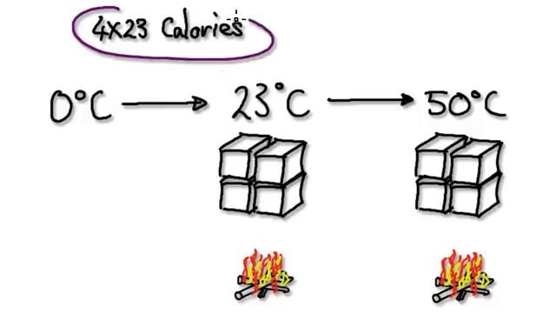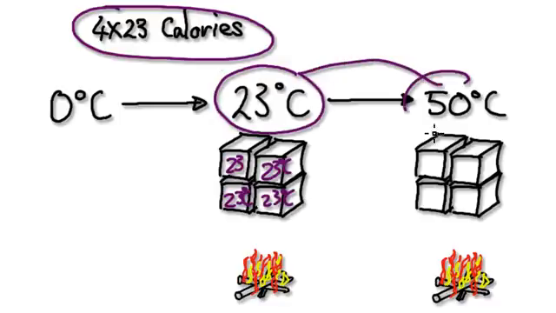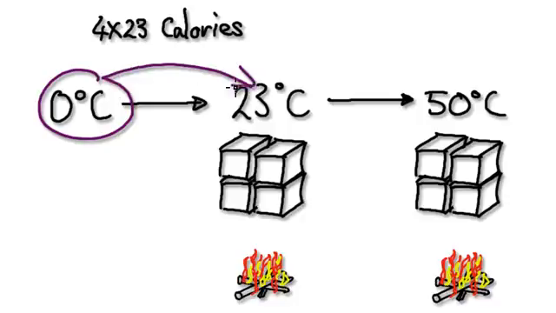So if you inject this many calories in here, then this will be at 23 degrees Celsius, this will be at 23, this will be at 23, and so on. What we want to know is the amount of energy needed to travel from here to here. From here to here, it would require this many calories.